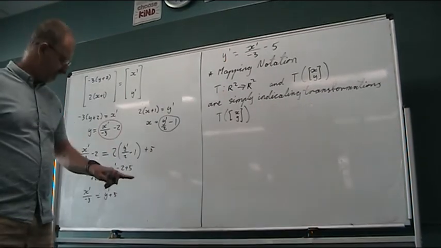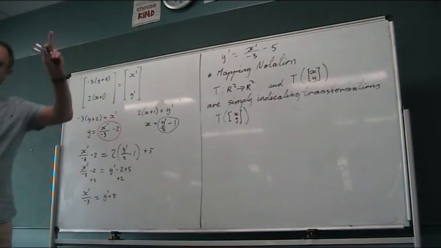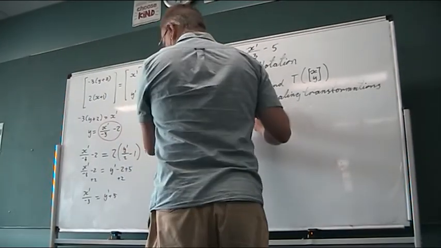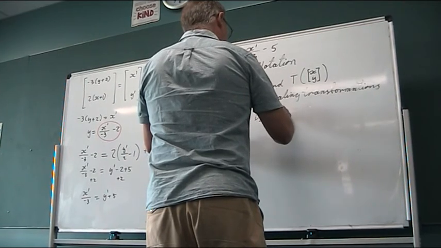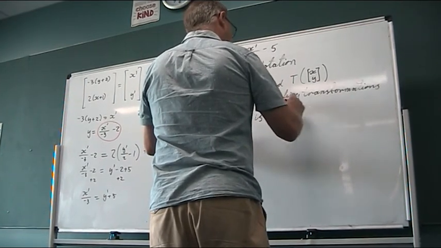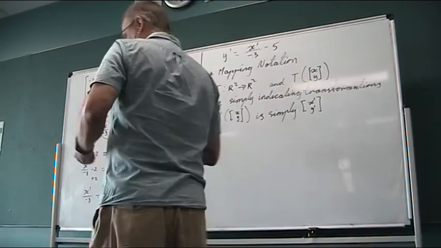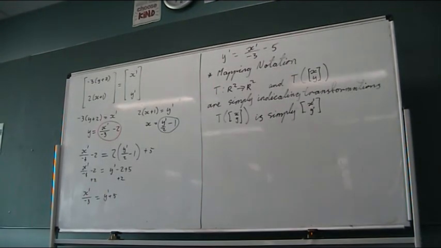You get the image. So T of that is simply x dashed, y dashed.